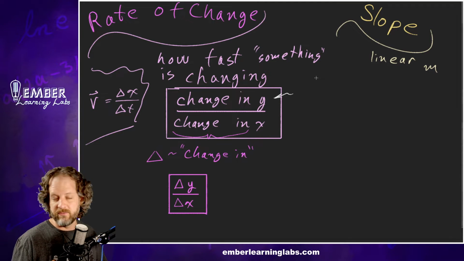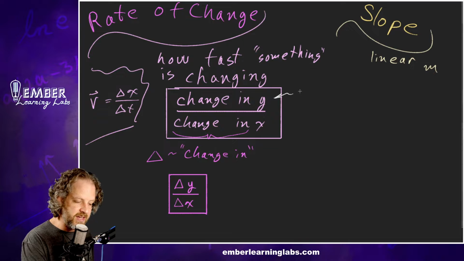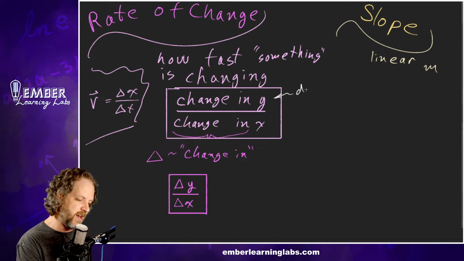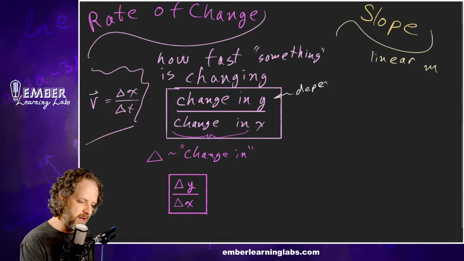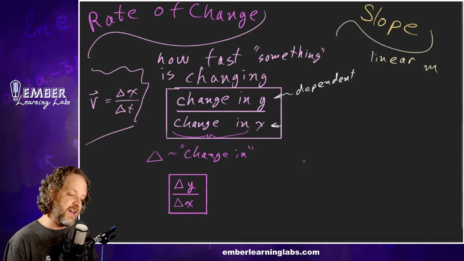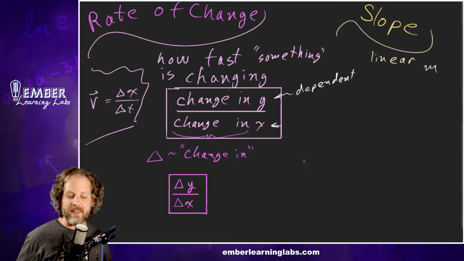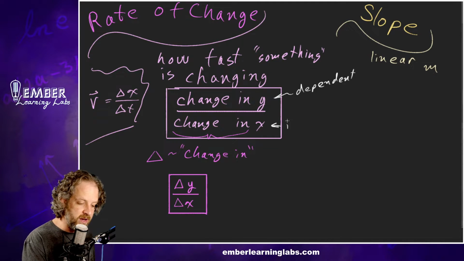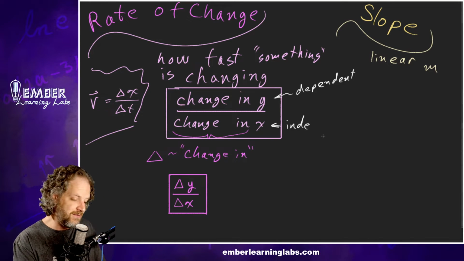We know this from all kinds of other things. The y is the dependent quantity in a function. Dependent, right? And the x is the independent quantity. So it's the change in the dependent quantity divided by the change in the independent quantity. And that is the most specificity we get for now.